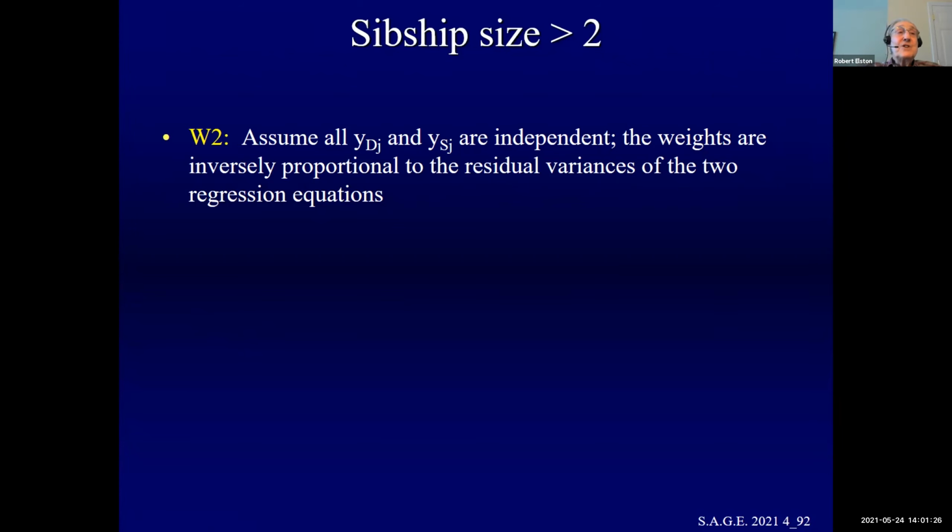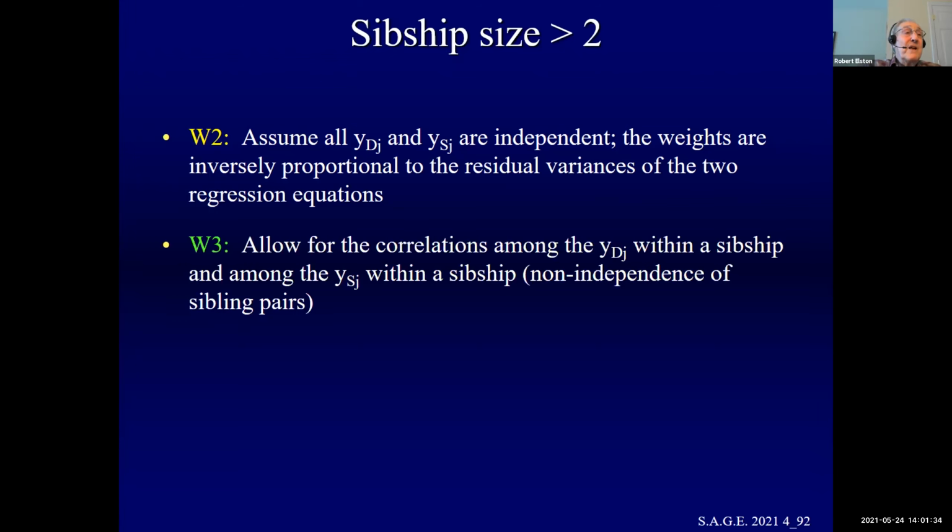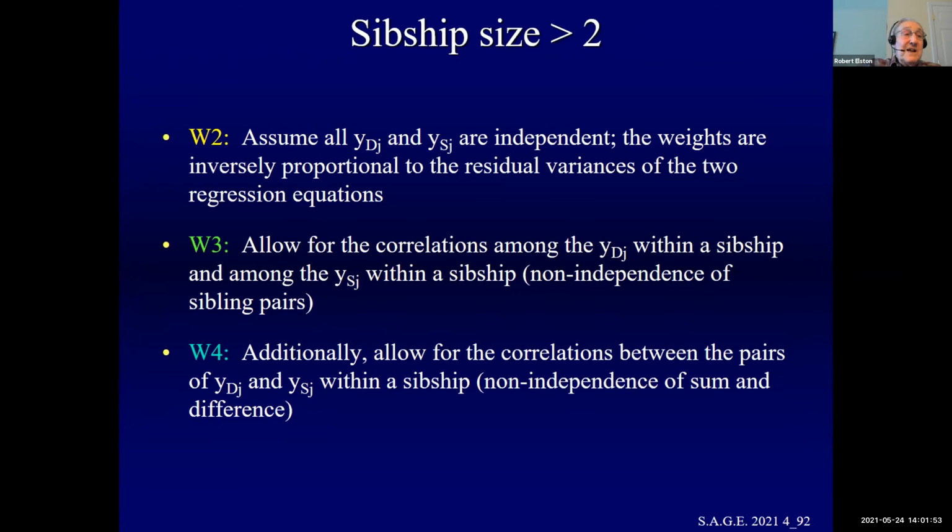You can use a sandwich estimator that's available, but better is to just use permutation. W3 allows for the correlation between the YDJs within a sibship and among the YSJs within a sibship, so that you don't have to have independence of sibship pairs. W4 allows for the correlation of the pairs of YD and YS within a sibship, non-independent of sum and difference.